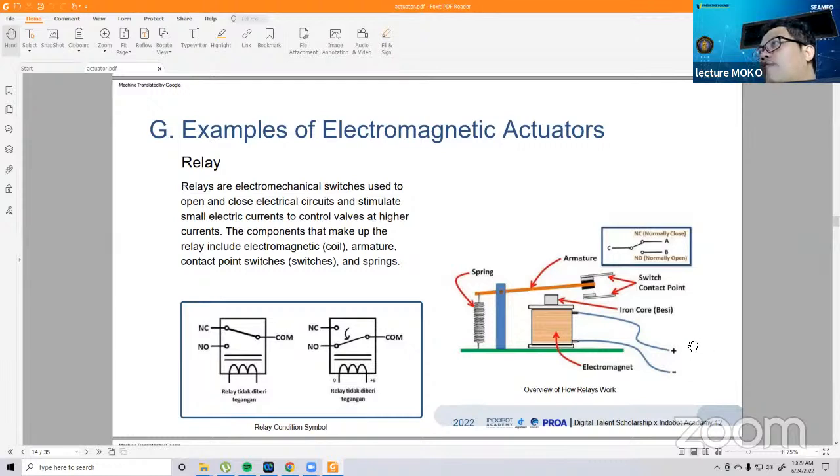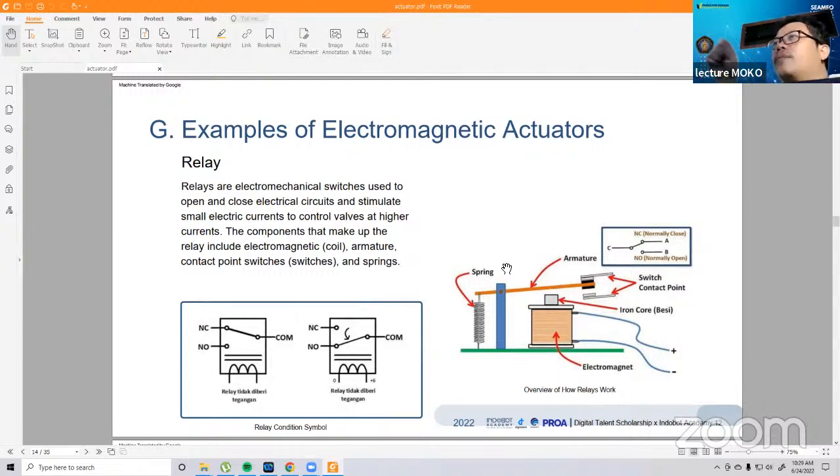So one of the pins in the microcontroller will connect to this coil. So we can control this relay using an IoT system.